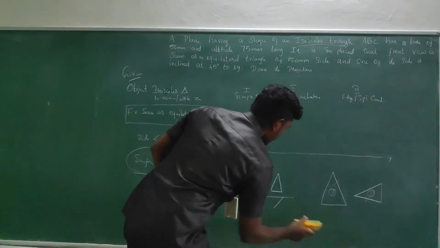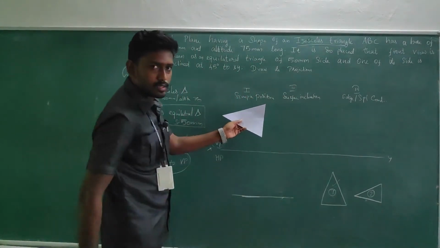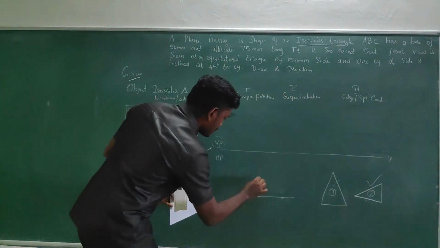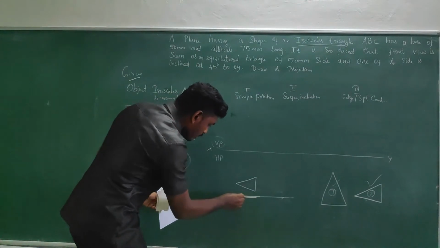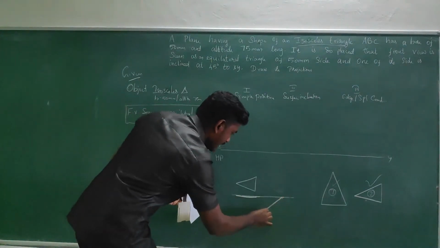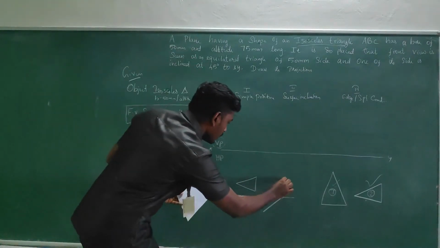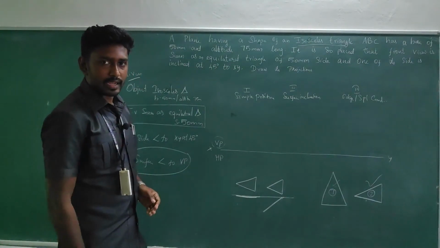Okay, but think about the second position. If I place the object like this, it will be something like this. So in the top view you will get this straight line. When you are inclining, there is a possibility to form the equilateral triangle.